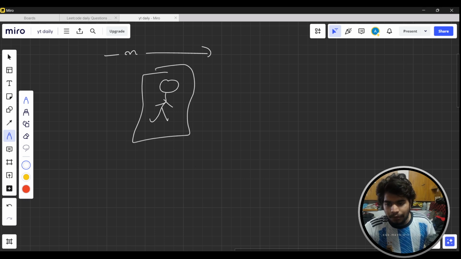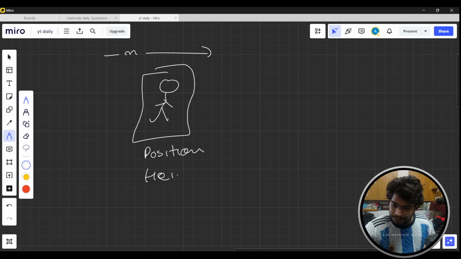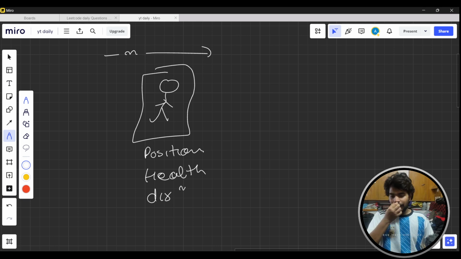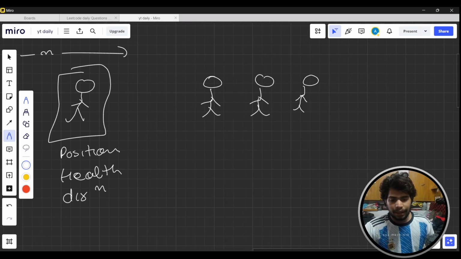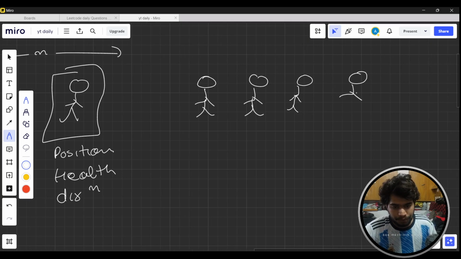Each robot has its own position, health, and the direction it will be moving. Let's say I have four robots: one, two, three, and one more, four.